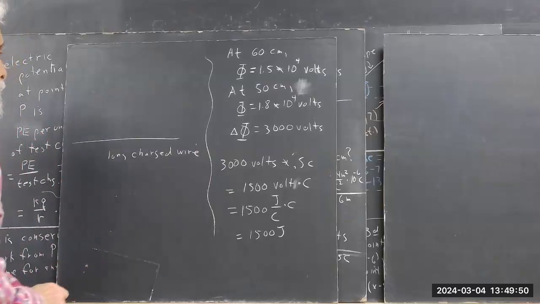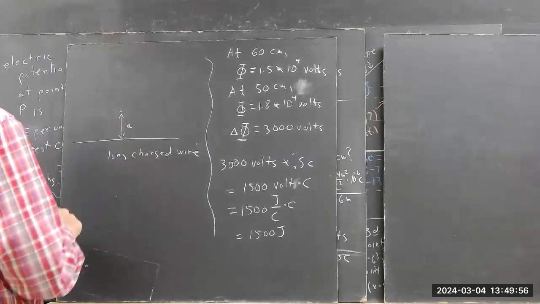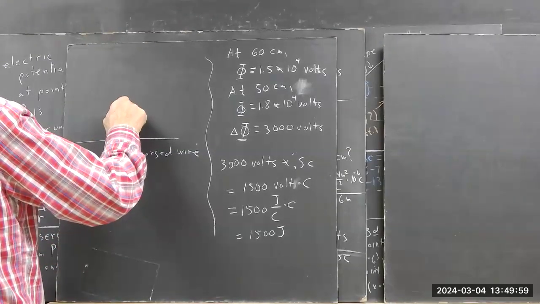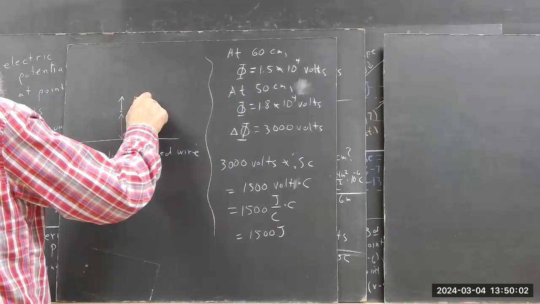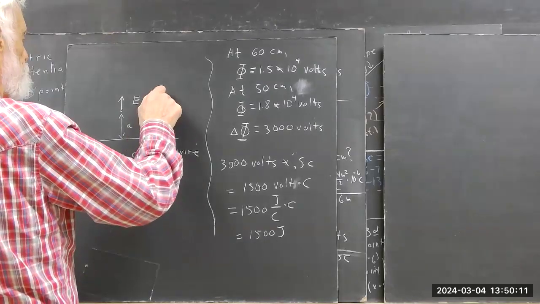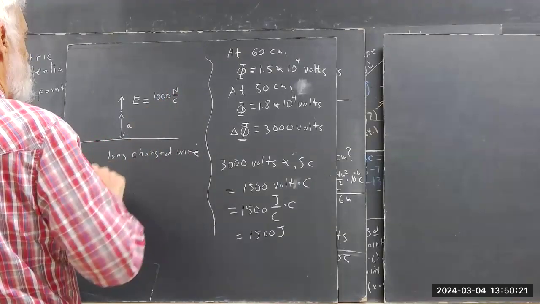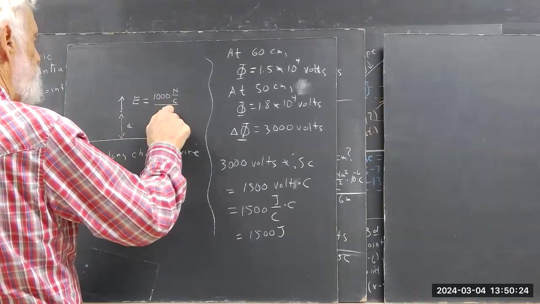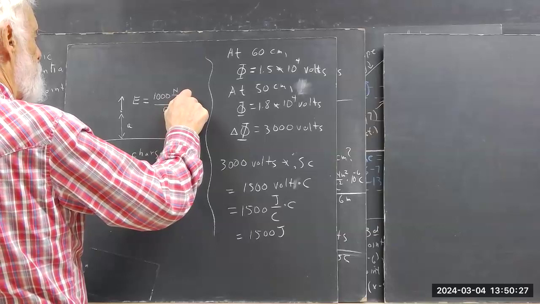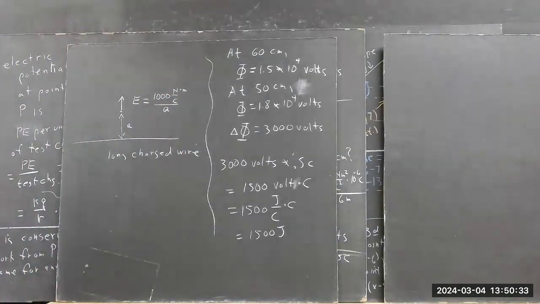By Gauss's law, you know the field at distance A is, let's say, 1,000 meters per coulomb over A.